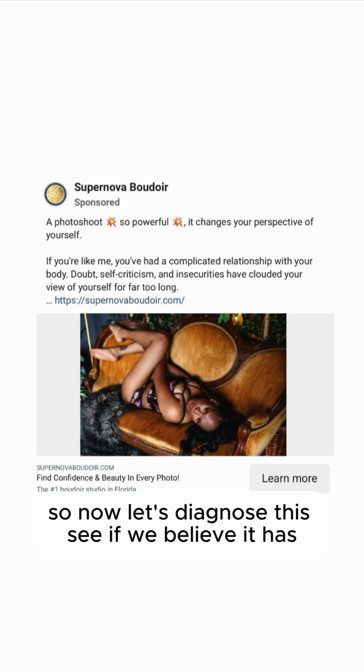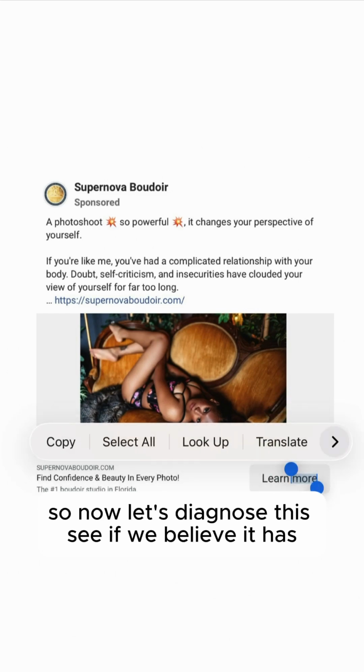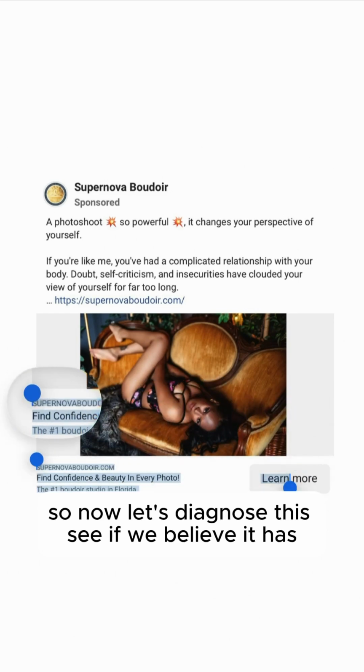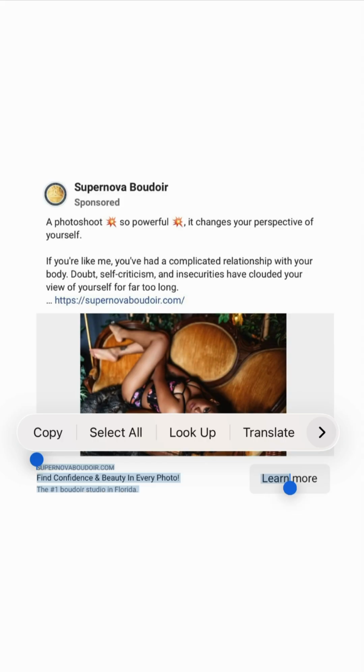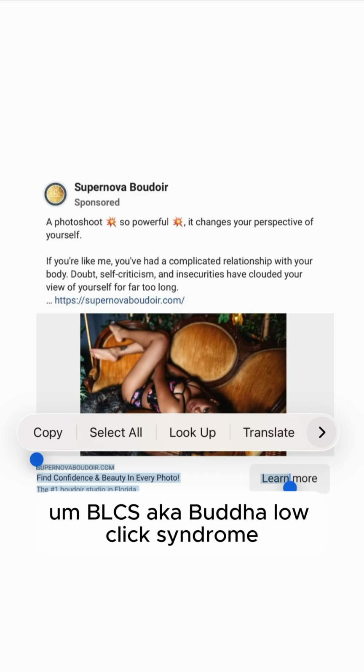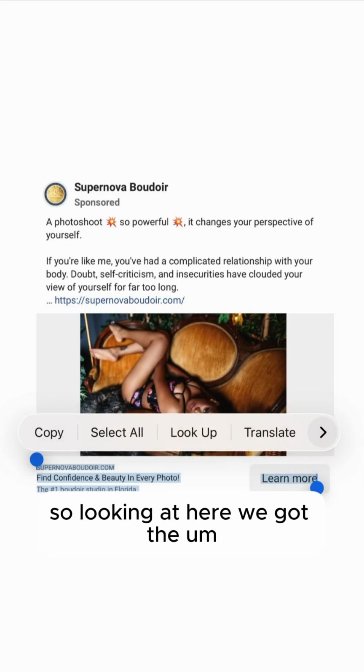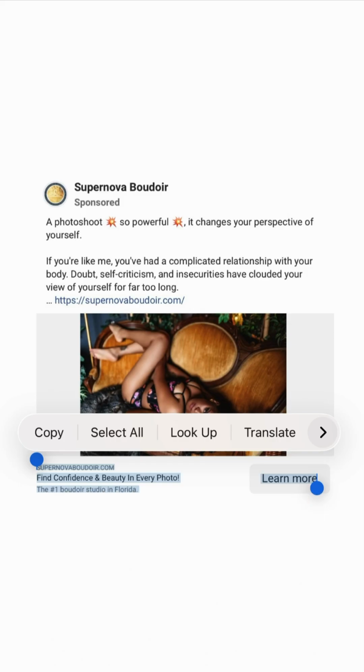So now let's diagnose this, see if we believe it has BLCS, aka Boudoir low click syndrome. So looking here, we got the below creative cluster mistake.